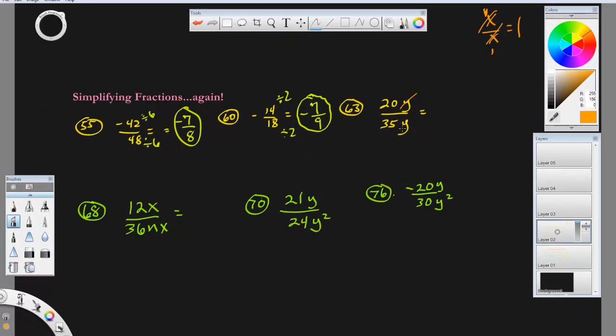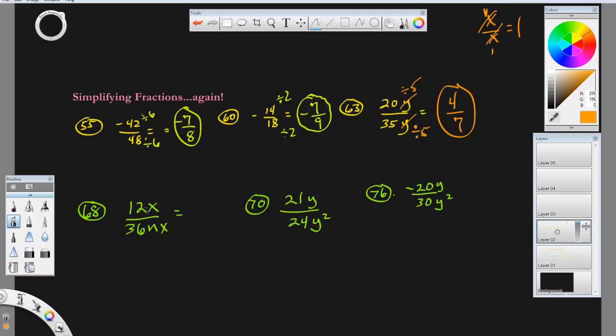So this y on top cancels that y on the bottom, and then I just reduce 20 and 35. I'm going to divide each one by 5. Divide by 5 and divide by 5. Make that a little bit neater. Same thing. Again, this concept of 1, very powerful. 4 over 7.